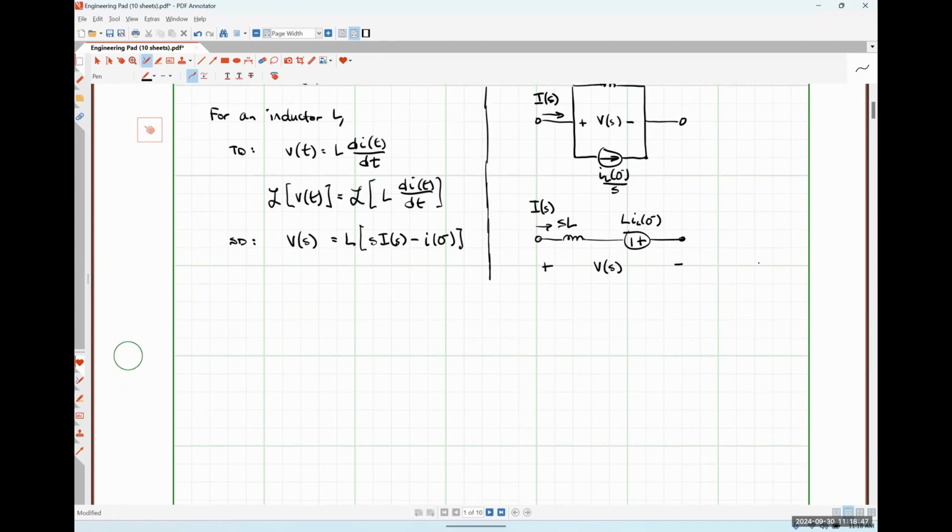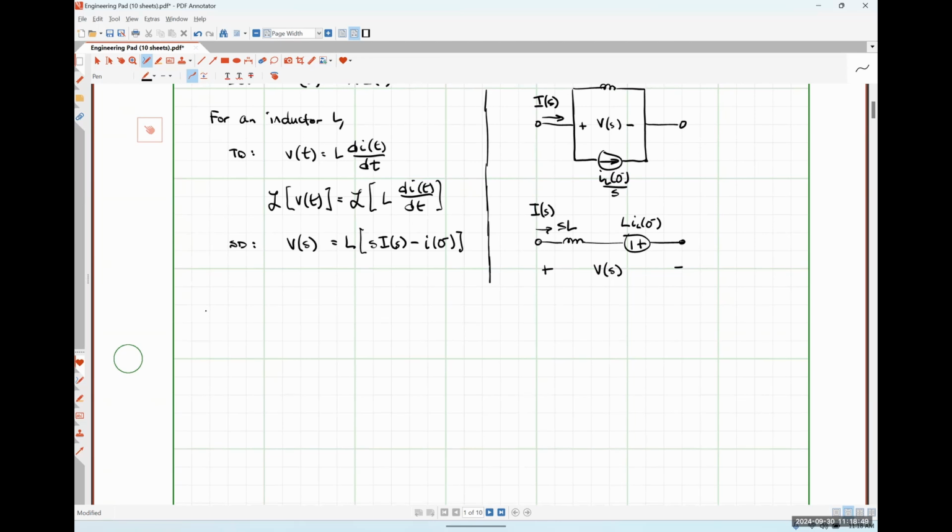So for a capacitor, let's come down here. C, we know that in the time domain, the current flowing through our capacitor is equal to C times the derivative of the voltage drop across the capacitor.